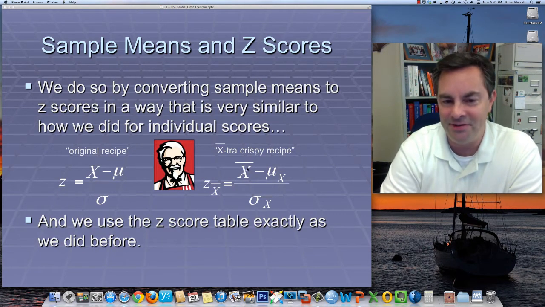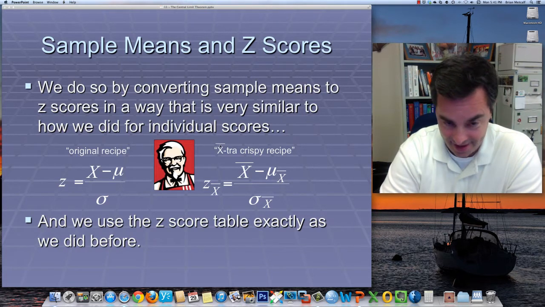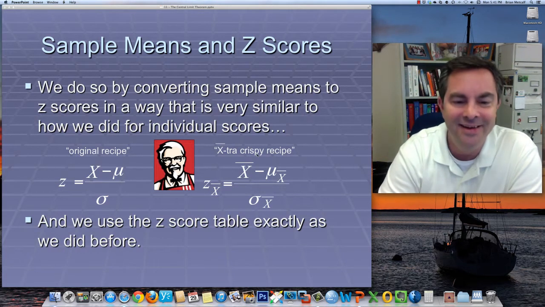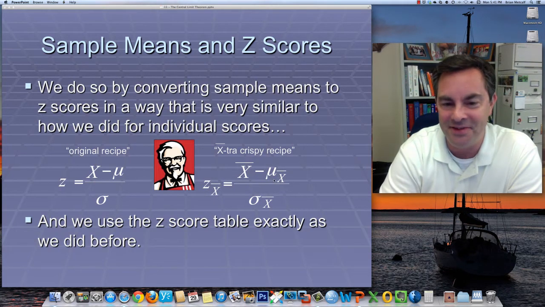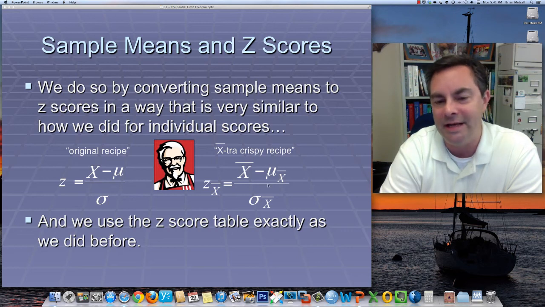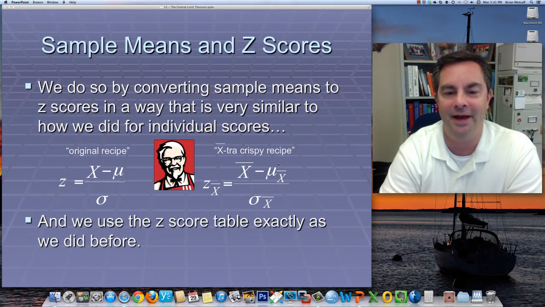Instead of using just regular x, now we're using x bar, hence my term x bar, extra crispy recipe. And instead of using just the standard deviation from the population, in reference to x bar we'll be using the standard deviation of the mean of the means.